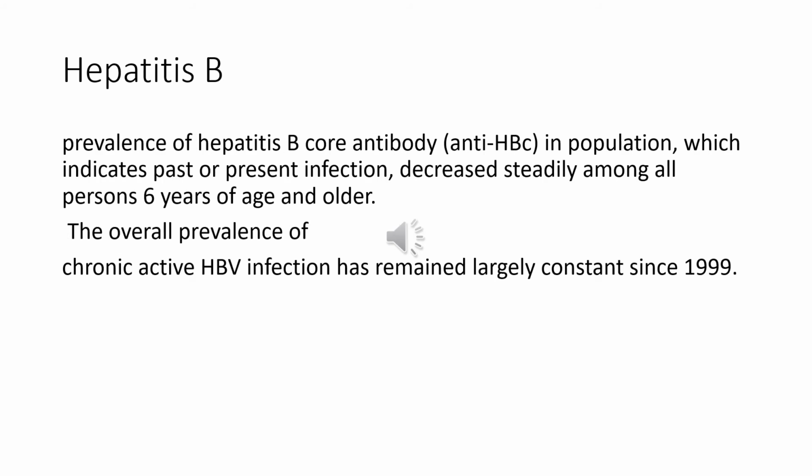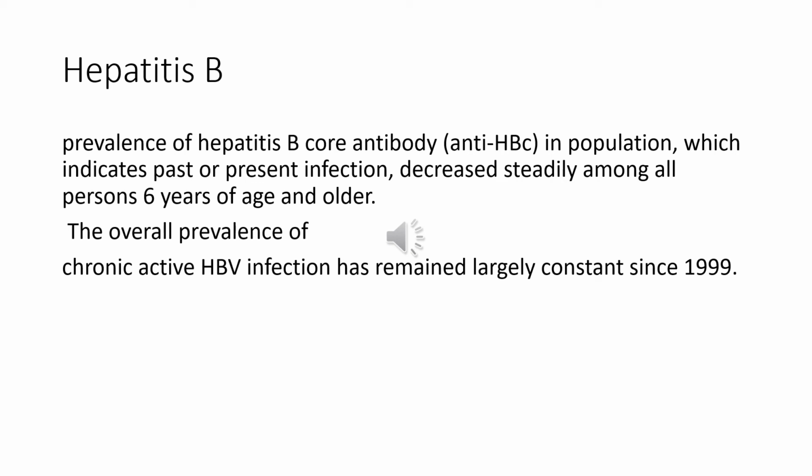Prevalence of anti-hepatitis core in the population, which indicates past or present infection. The antibody for core antigen, whether past or present infection, decreased steadily. That's the prevalence of this antibody among all persons 60 years of age and older.